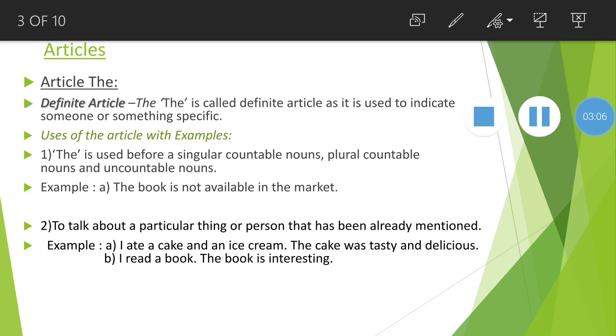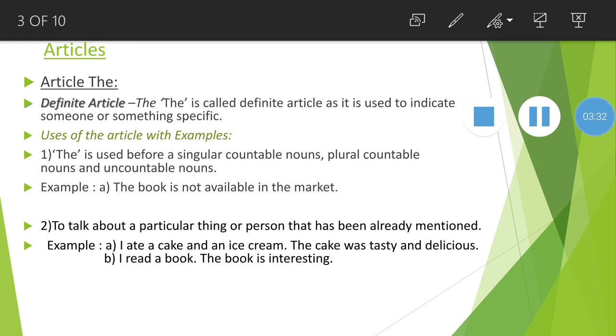So we see the uses of the article the. Number one, the article the is used before countable and uncountable nouns. For example, the book is not available in the market. In this example, book is a singular countable noun, so we use the book.